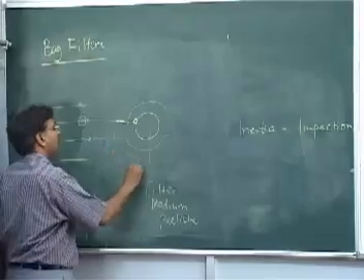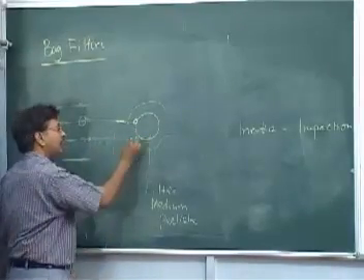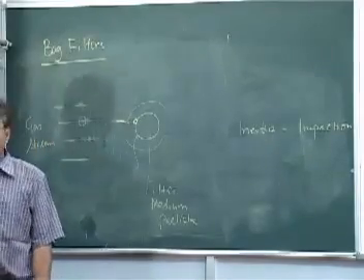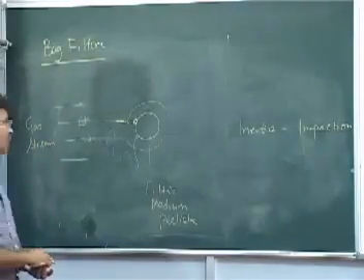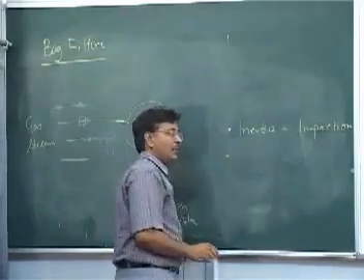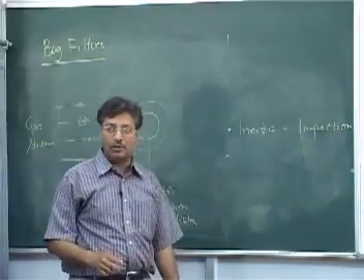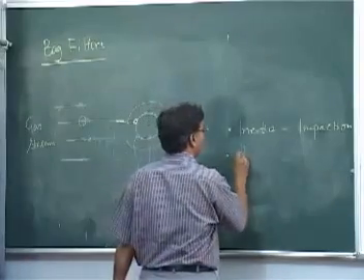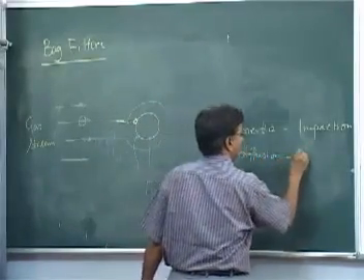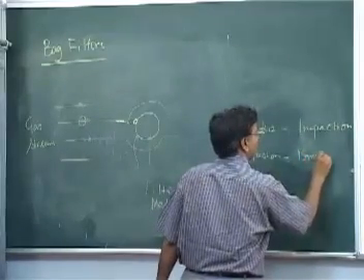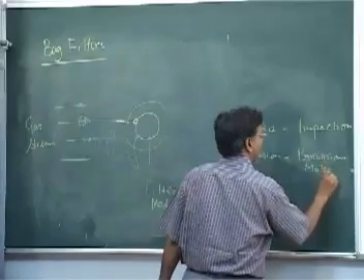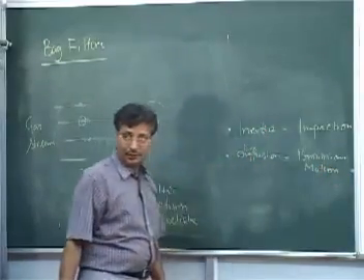So they can go like this. There is a possibility that the small particle can get stuck. Okay. So the second mechanism is removal by diffusion or Brownian motion, for very small particles.